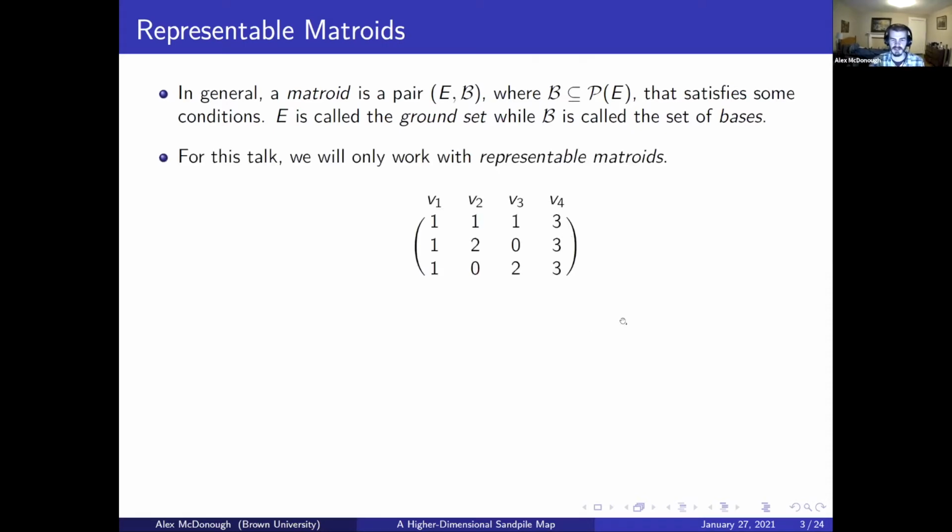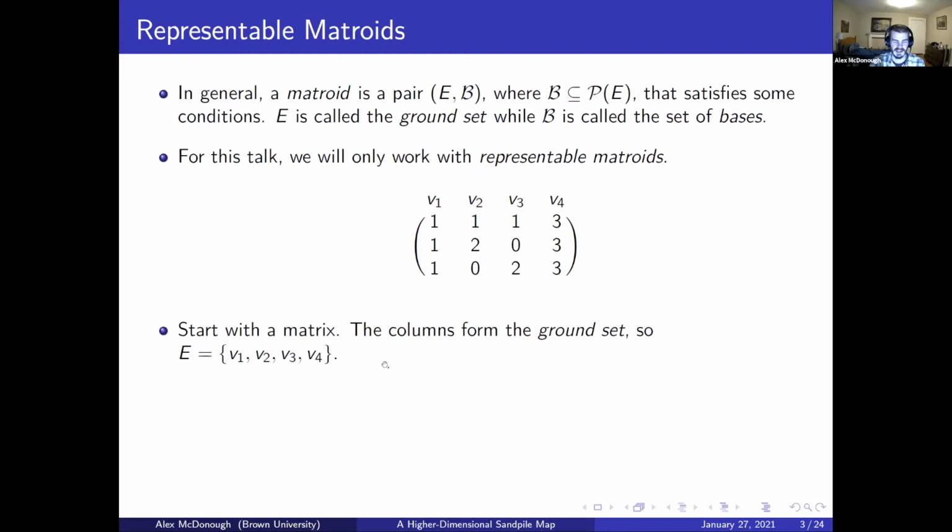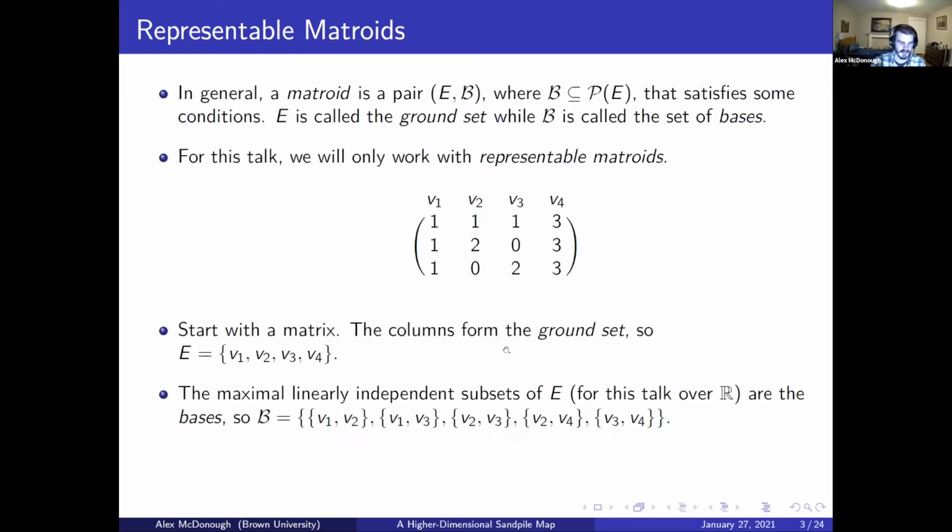The way to get a representable matroid is we start with a matrix. I'm going to label the columns of the matrix because these are going to be important for us. The ground set of our matroid is the columns of the matrix, so in this case, V1 through V4. Then the maximal linearly independent subsets of this ground set are going to be the bases.